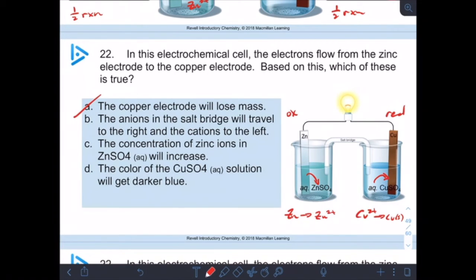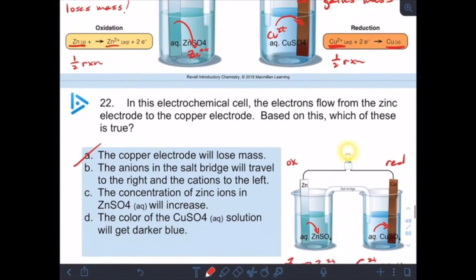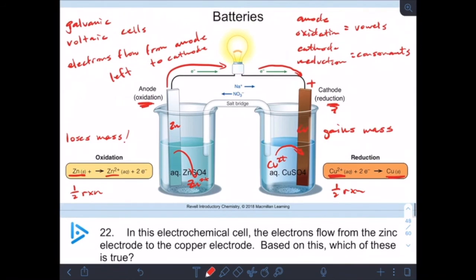The ions in the salt bridge will travel, the anions to the right and the cations to the left. Well, we didn't really talk about that. Let's come back and talk about that really quick. Looking at the left-hand beaker, the left-hand beaker is building positive charge.